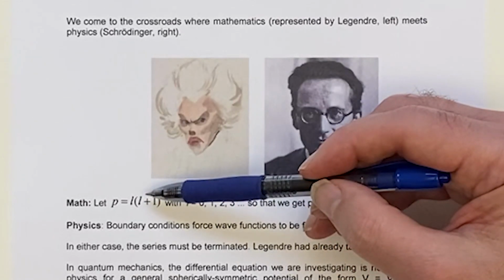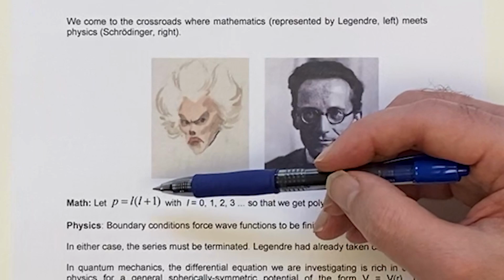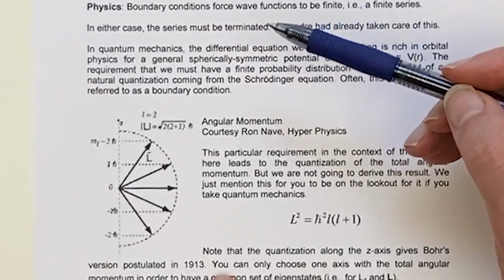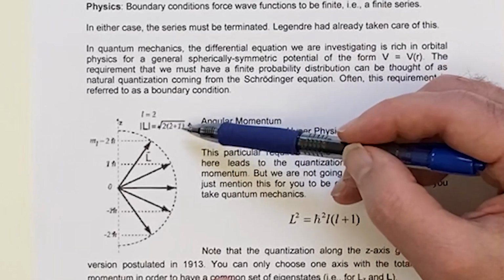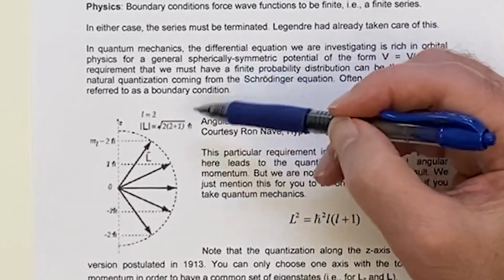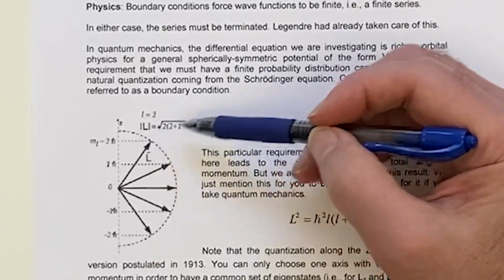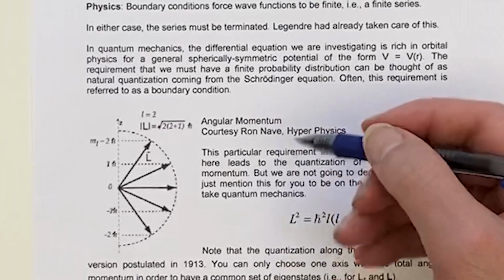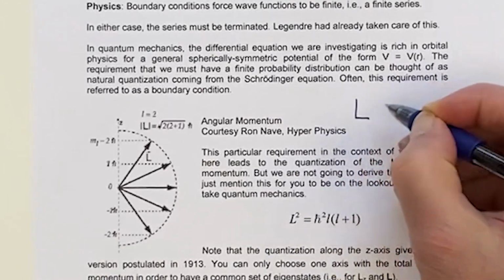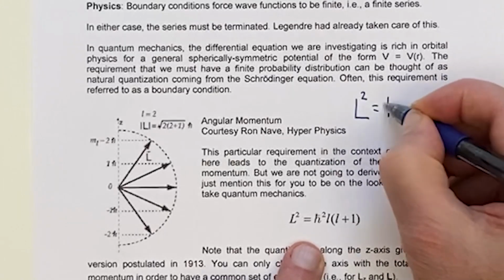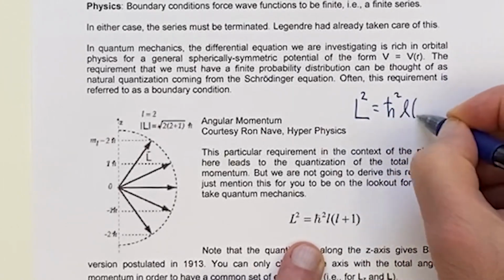And I'd like to just take a little detour here. This is covered in modern physics and other courses in chemistry. But your angular momentum, your total angular momentum, if we square it, we get h bar squared l times l plus 1.